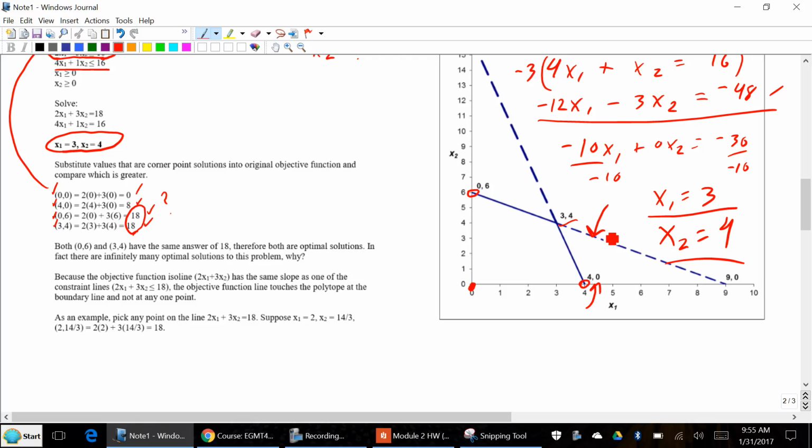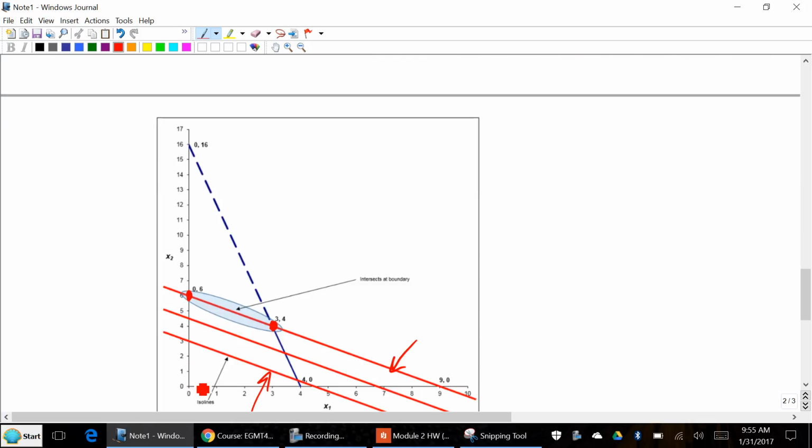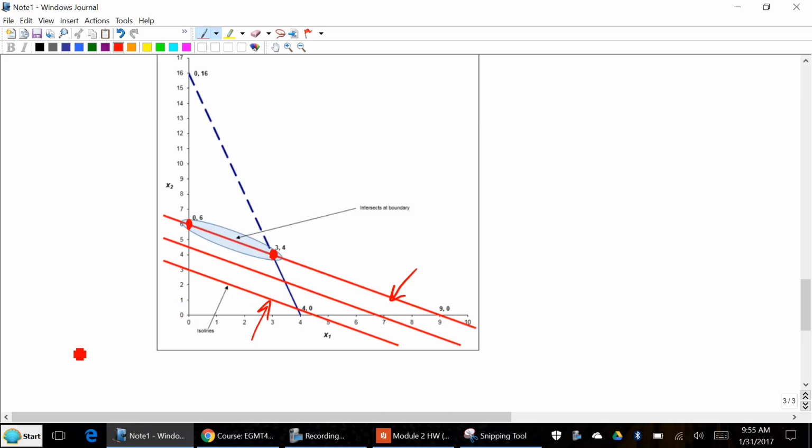So the polytope, which is this guy right here, this quadrilateral, that objective function doesn't touch the polytope at one point. It touches it or intersects it at a boundary. So that means we have an infinite number of solutions to this particular problem.